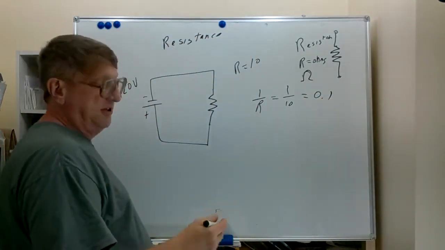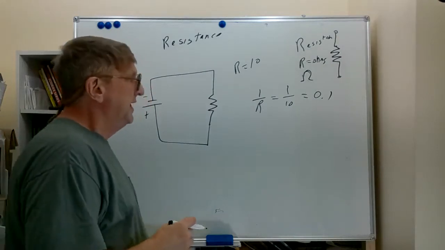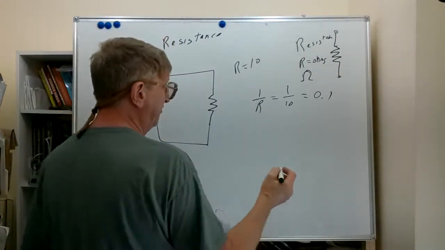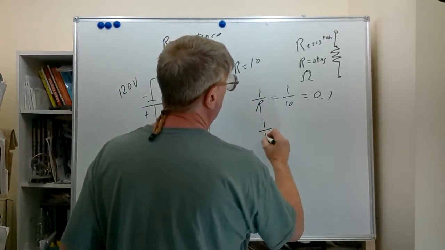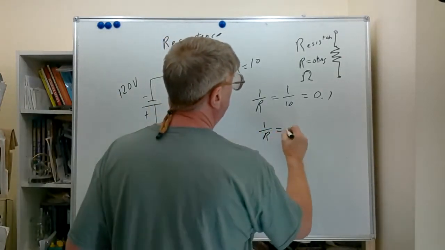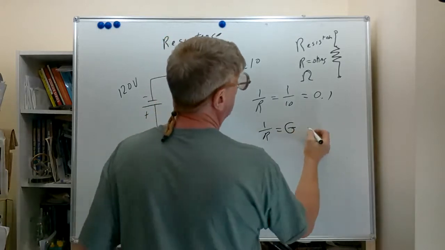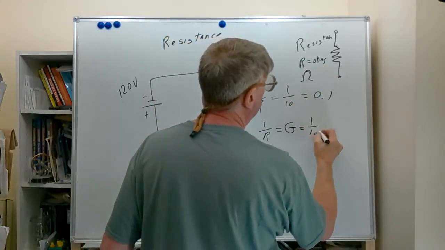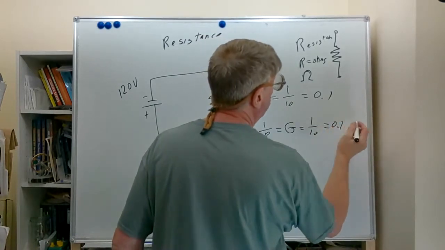So conductance would be 1/10, and the symbol for conductance is G. So we would have 1 over R equals G. And with our example here, that's 1 over 10 equals 0.1.